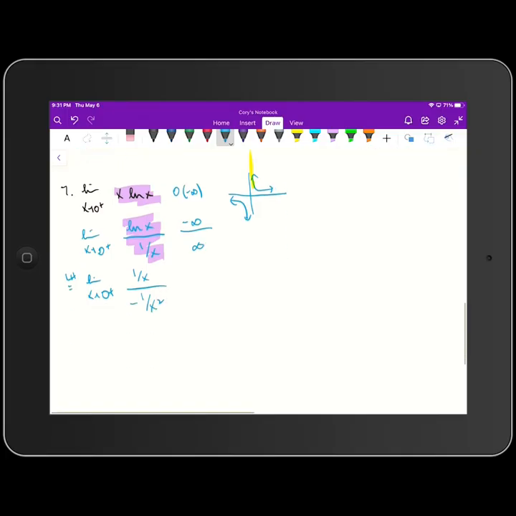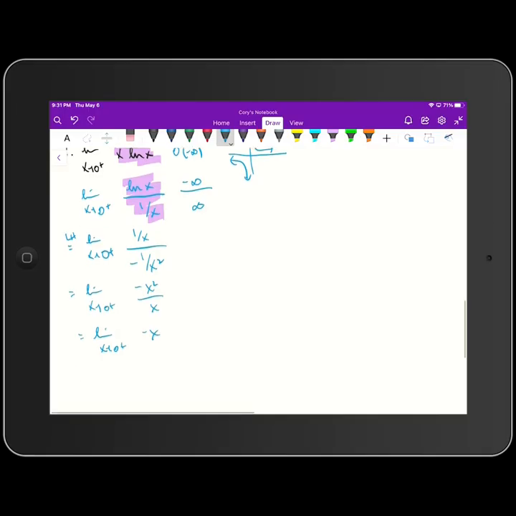Okay, so when we use algebra to rewrite that, we get the limit as x approaches 0 from the right of negative x squared over x, which becomes the limit as x goes to 0 from the right of negative x. And as x approaches 0 from the right-hand side, negative x becomes 0. Okay, so the value of that limit is equal to 0.